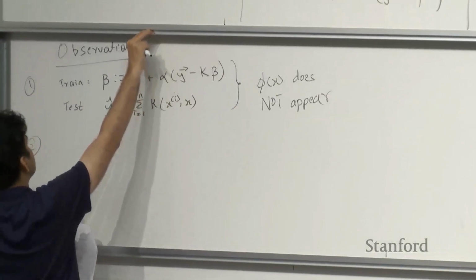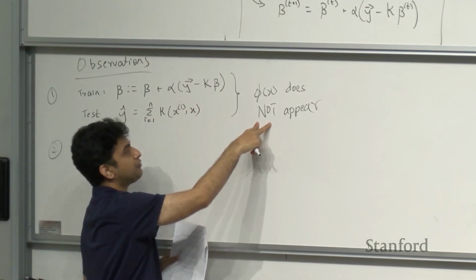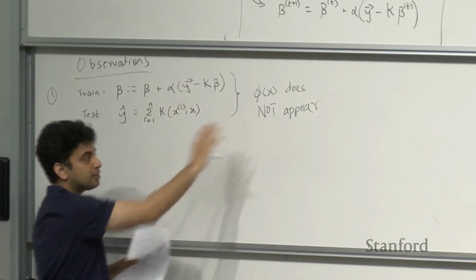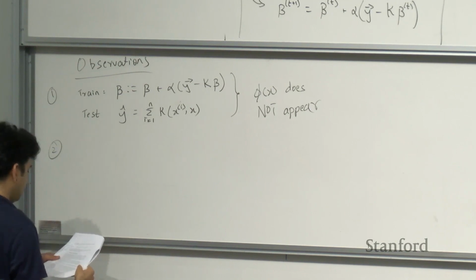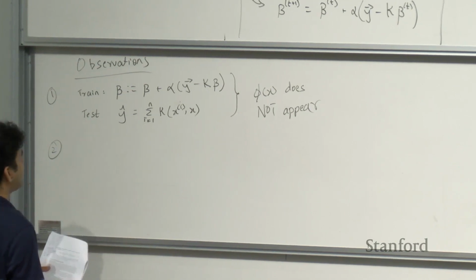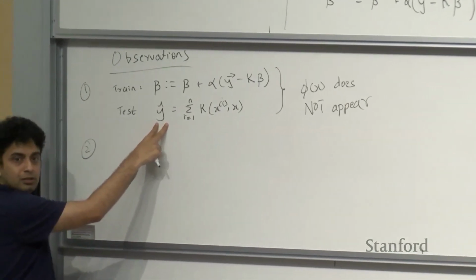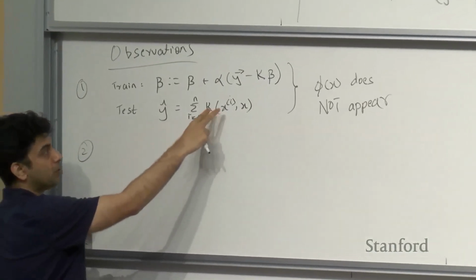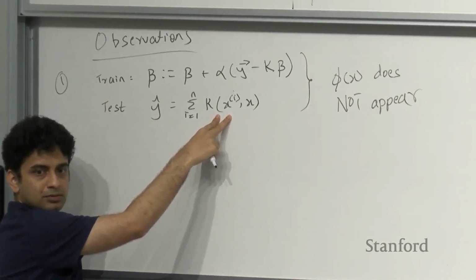So back to our observations. The first thing we observed is that we have eliminated phi of x completely. Right? That's the most important step. The second observation that we make is, to make a prediction, we need to remember all our training examples. Right?